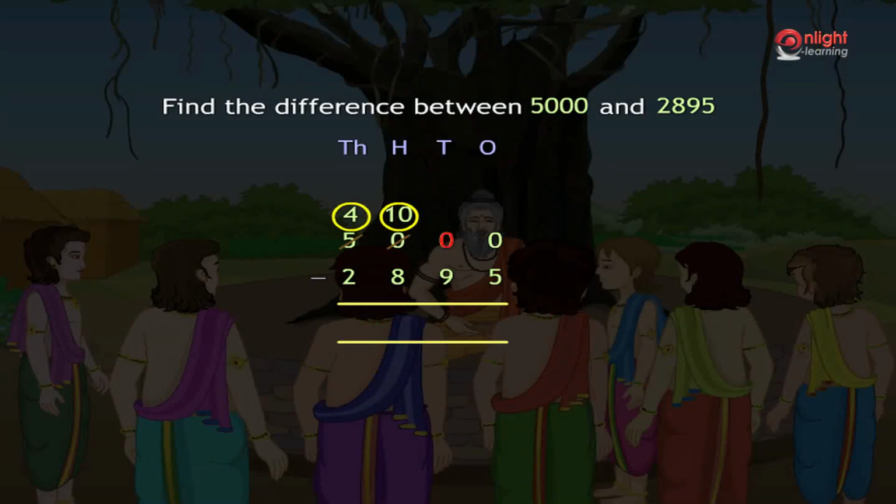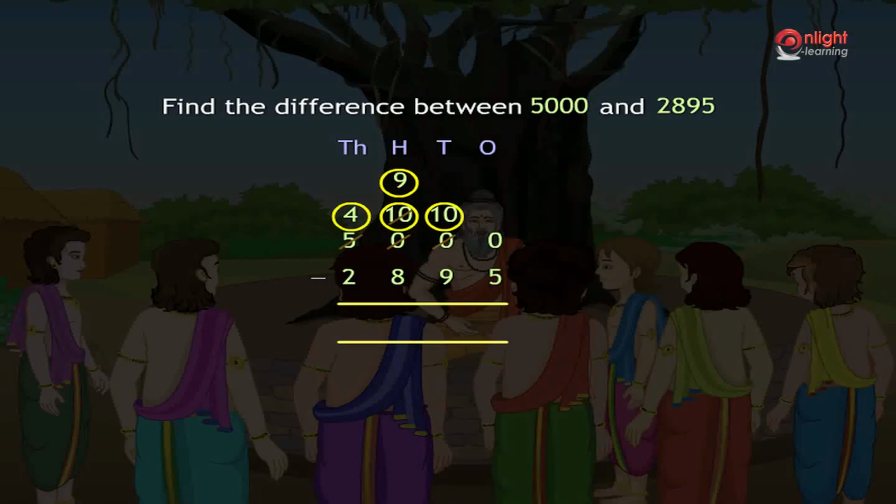Again, in tens place we have 0. So borrow 100 from hundreds place. So 10 hundred in hundreds place change into 9 hundreds, and 0 in tens place will become 10, as 100 is equal to 10 tens. Again, in units place we have 0. So borrow 1 ten from tens place.